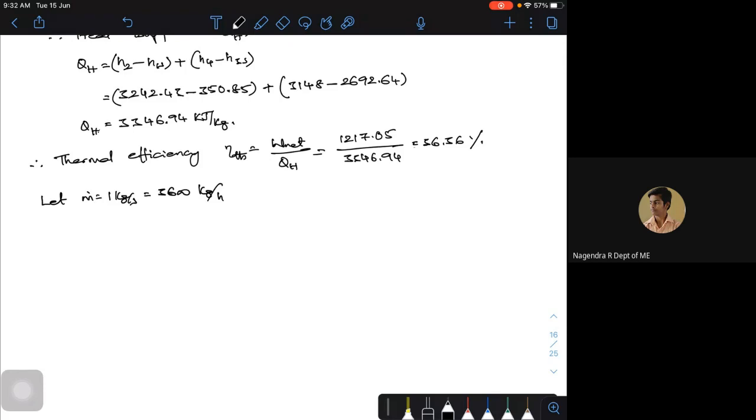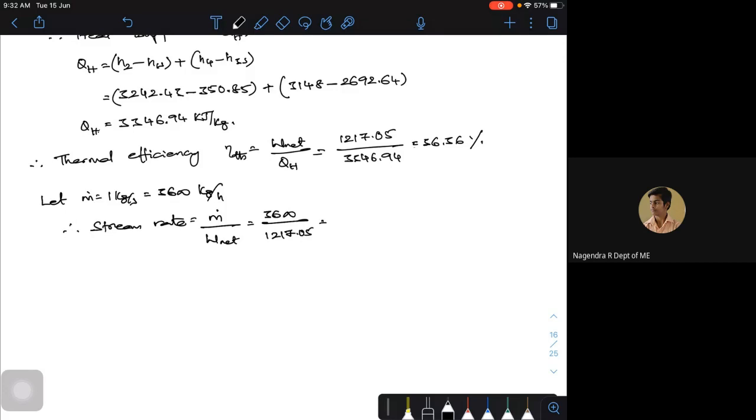Then steam rate is equal to mass flow rate in kg per hour divided by net work done. Net work done is 1217.